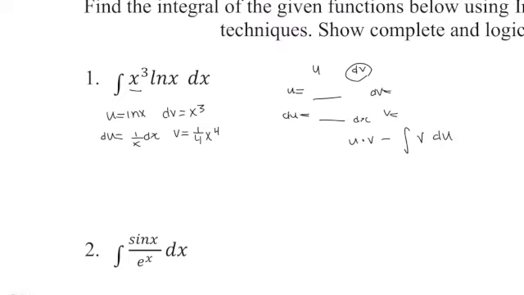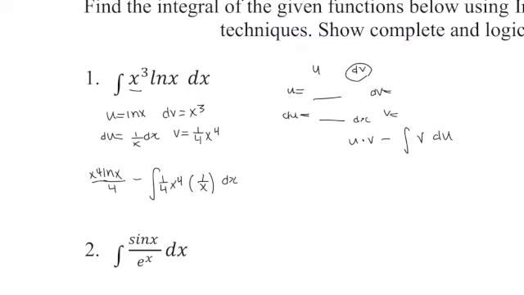So we can now say that u times v, which is ln x times x to the fourth over 4, and then minus the integral of v du. So we can say 1/4 x to the fourth, and then times 1 over x, and then dx.